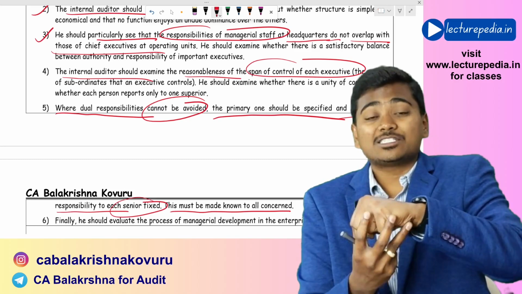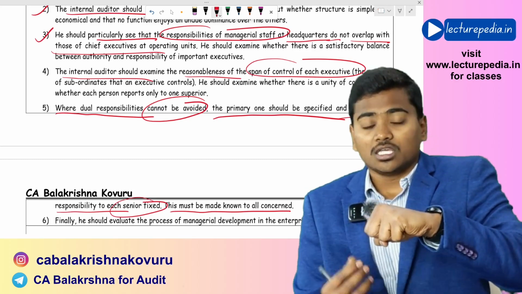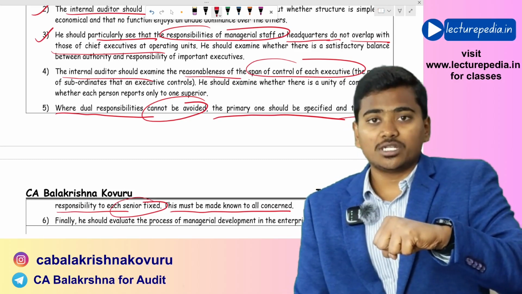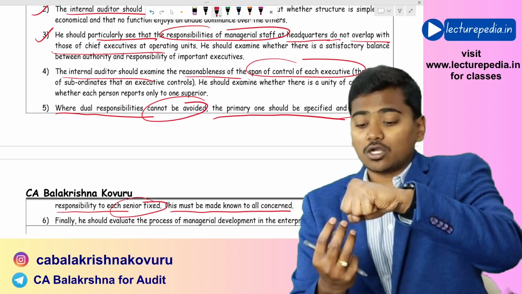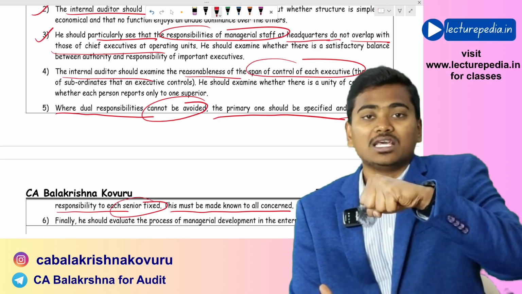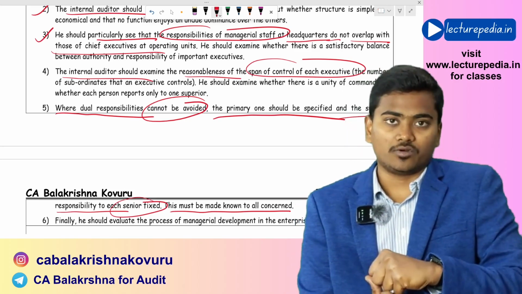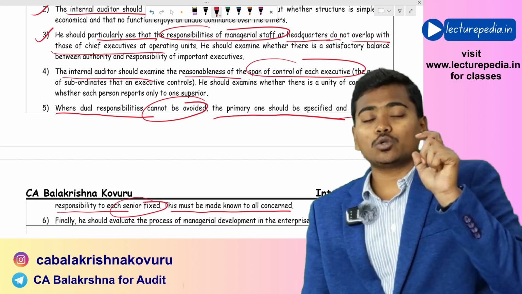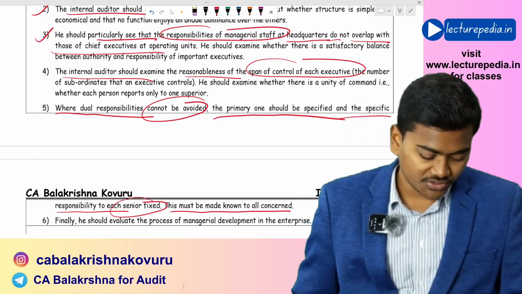Whether this span of control is reasonable or not is checked by the auditor. If you fix the responsibility on this executive to control 100 subordinate staff, it will not be feasible for him. He cannot control all these 100 staff.